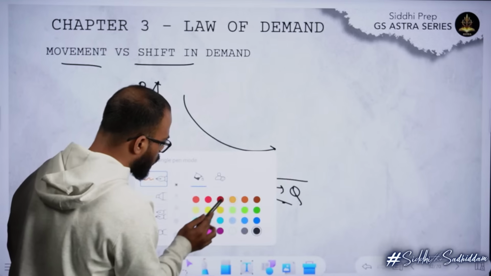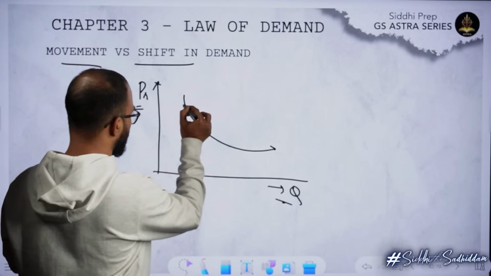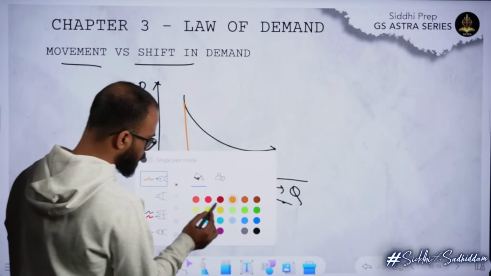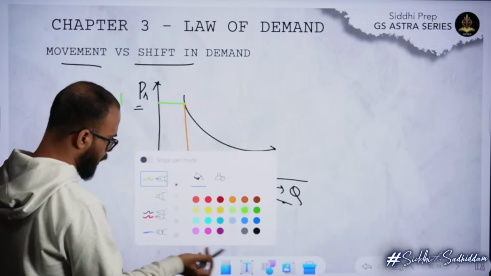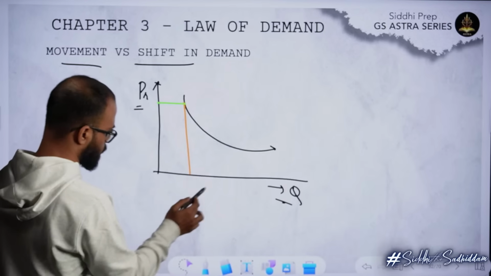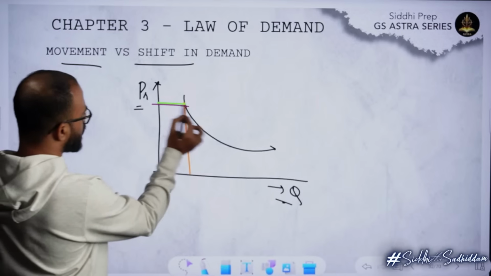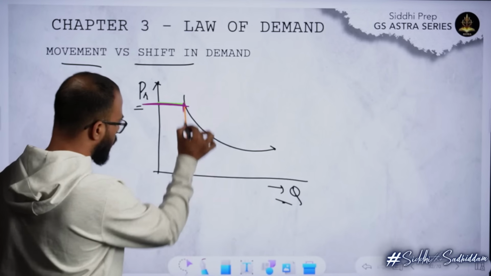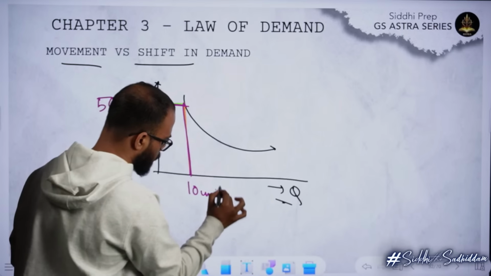The meaning of movement along the demand curve is, earlier for a price of, let us say, 500 rupees, quantity demanded was, let's say, 10 units.